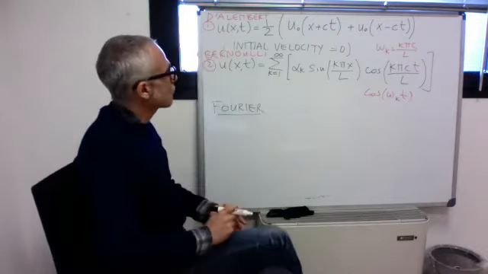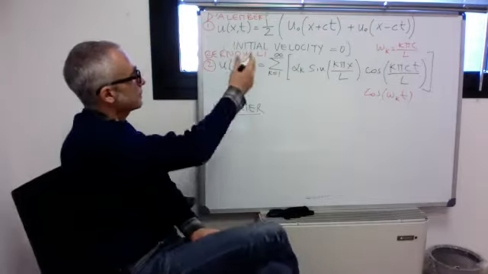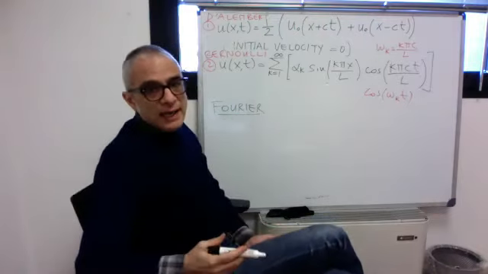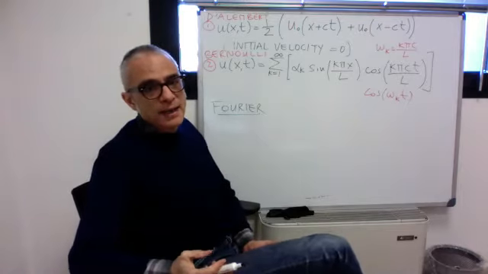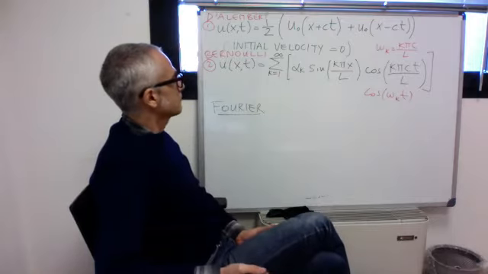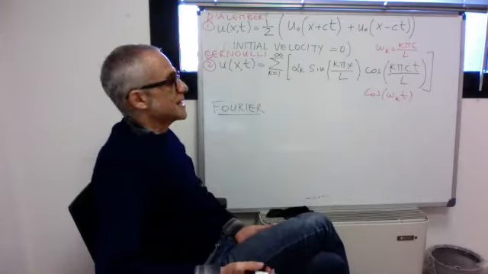Fourier showed that for any function f, okay, any function can always be described by an infinite sum of sines and cosines.